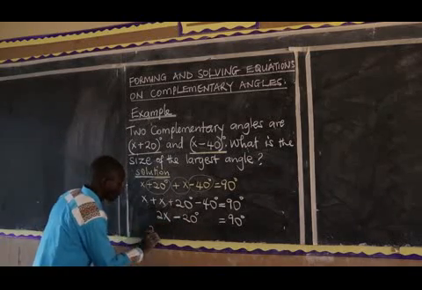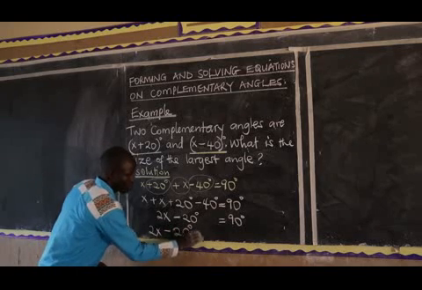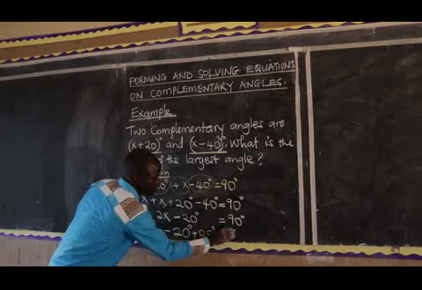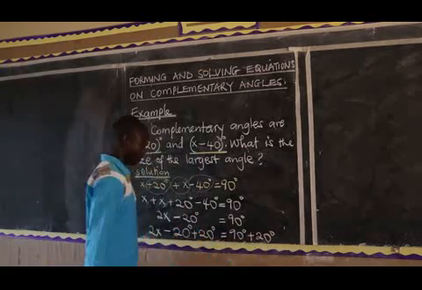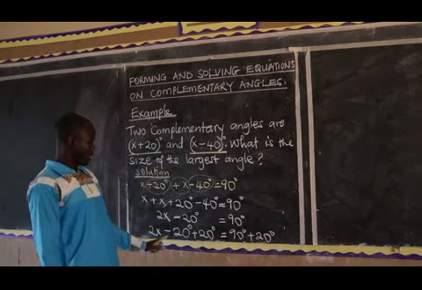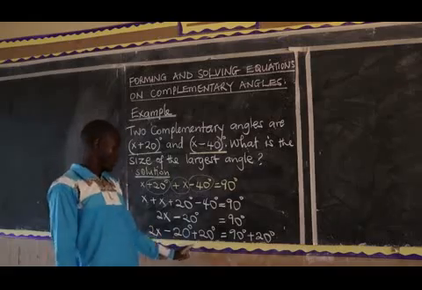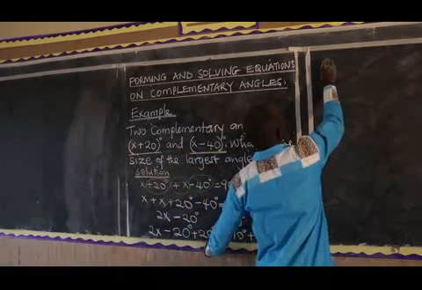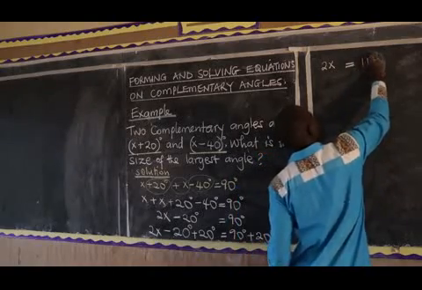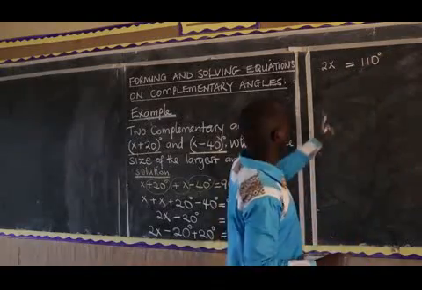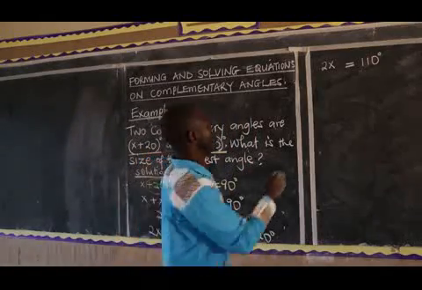So we say 2x minus 20 degrees plus 20 degrees is equal to 90 degrees plus 20 degrees. Negative 20 degrees plus 20 degrees will give you 0, and that means we have 2x is equal to 110 degrees.